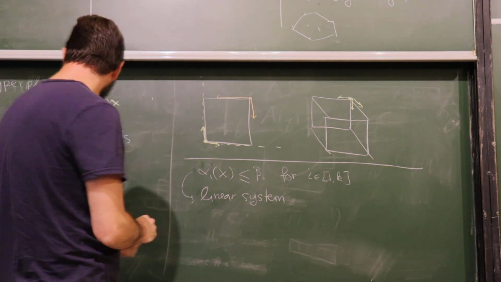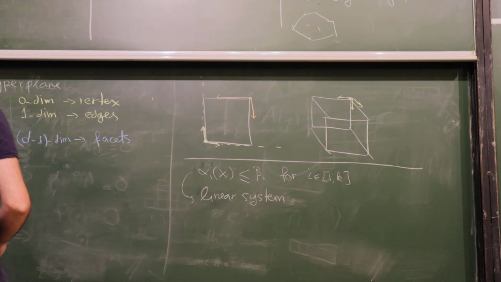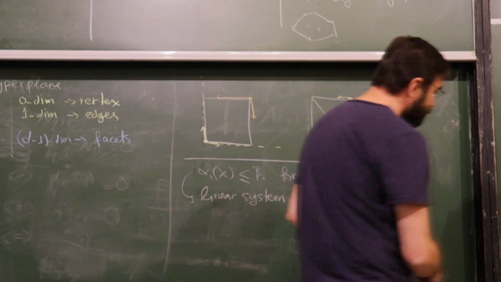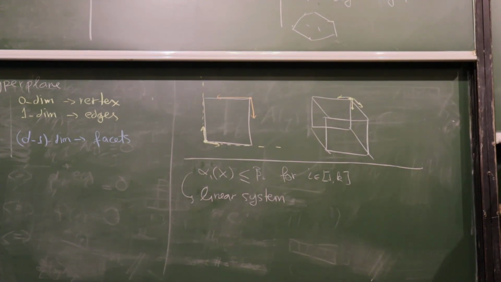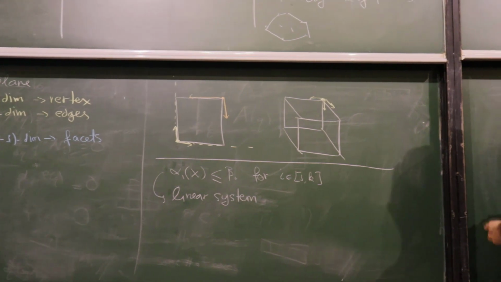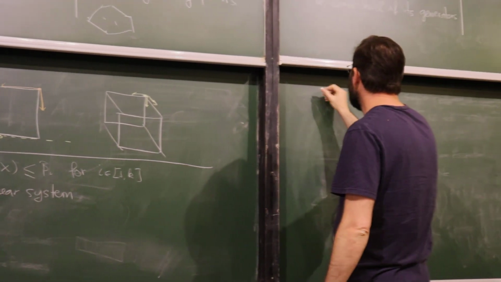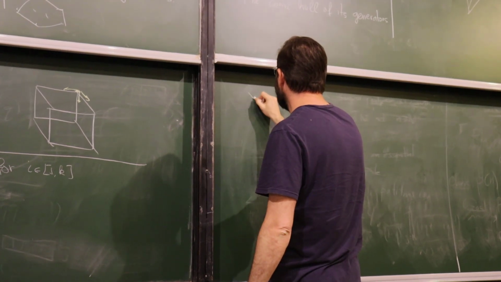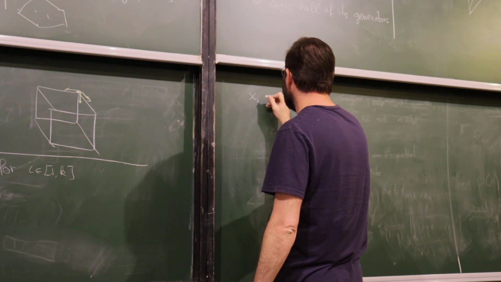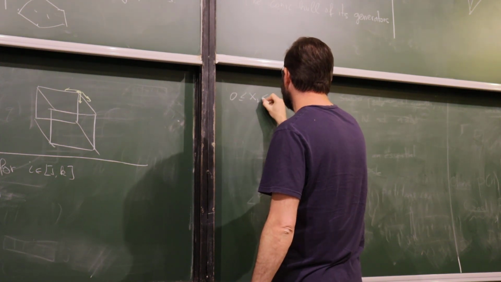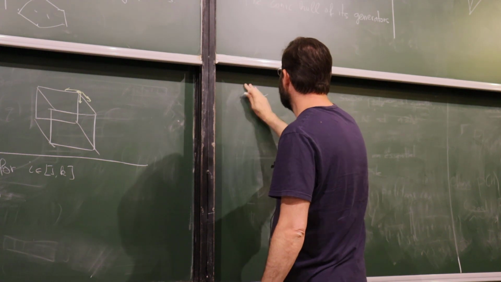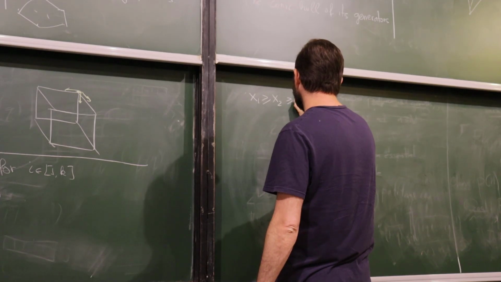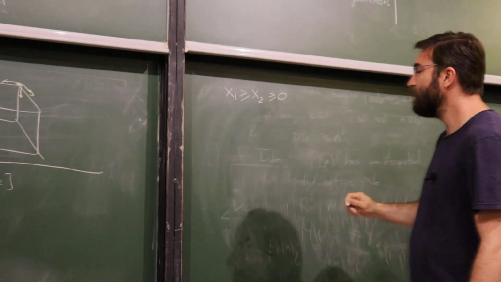And so let's say an example. Let's say I have, no. This is a linear system.